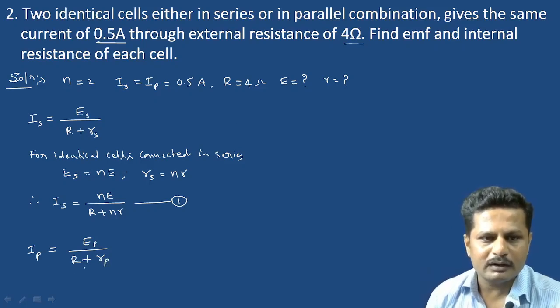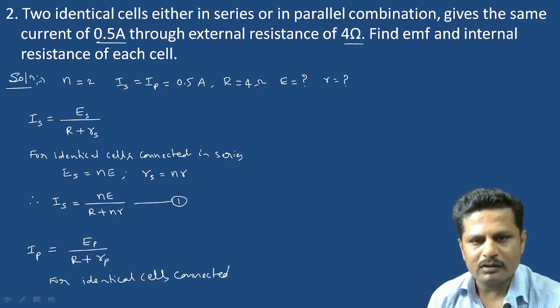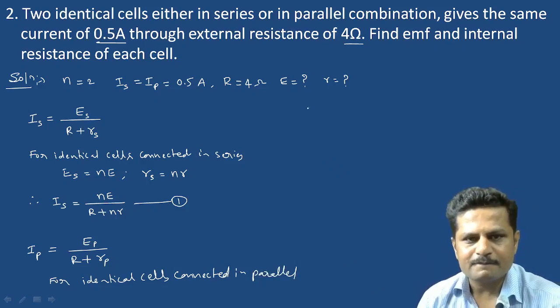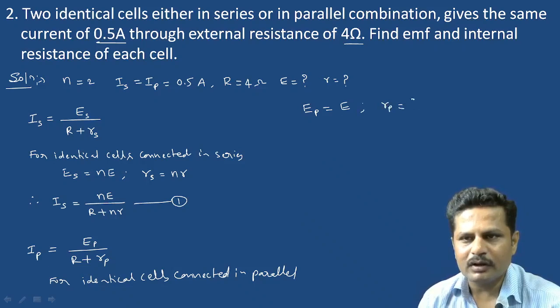We know that for identical cells connected in parallel, the effective EMF E_P equals E, and the effective internal resistance R_P is equal to r by n.